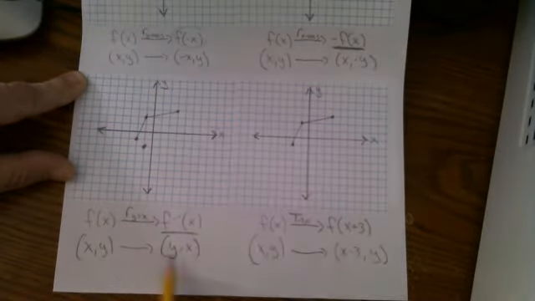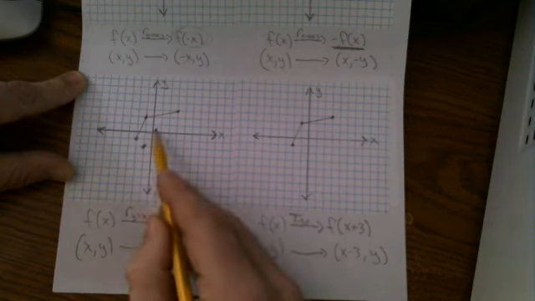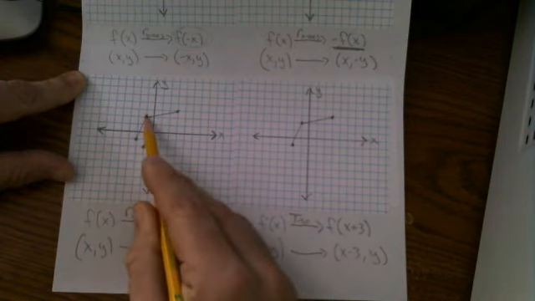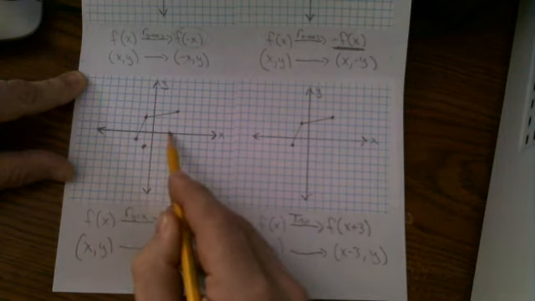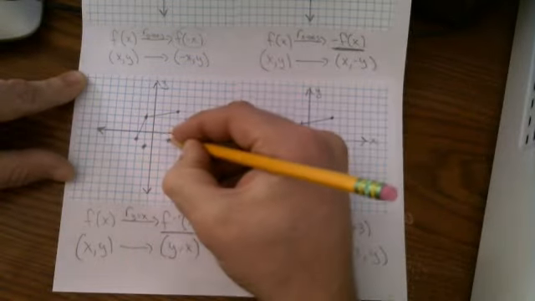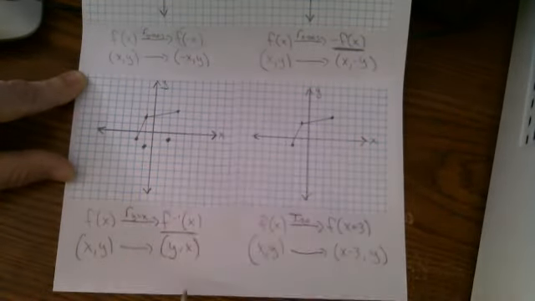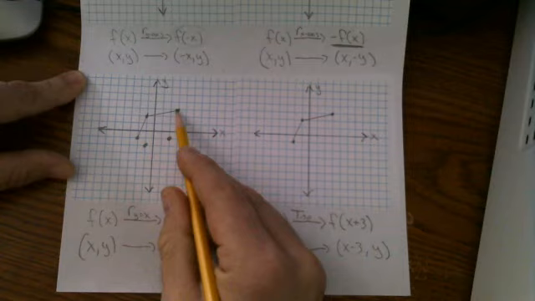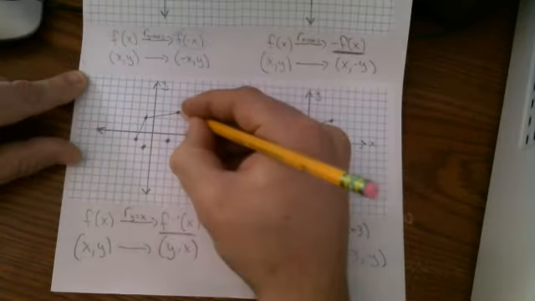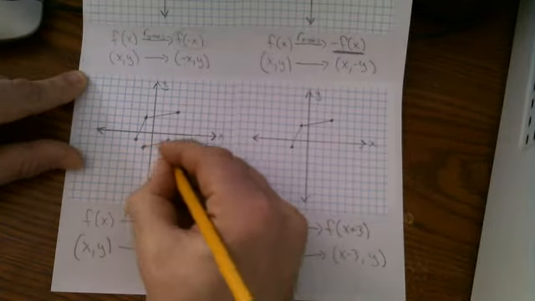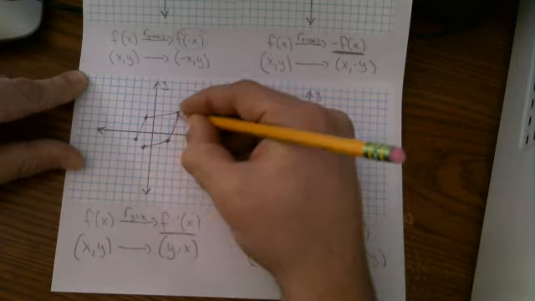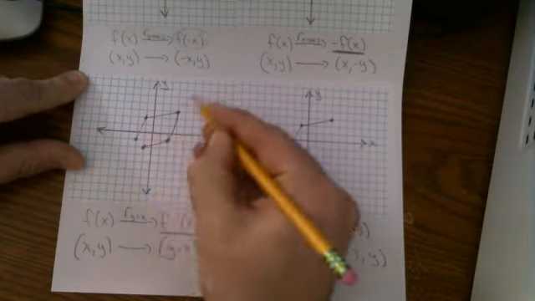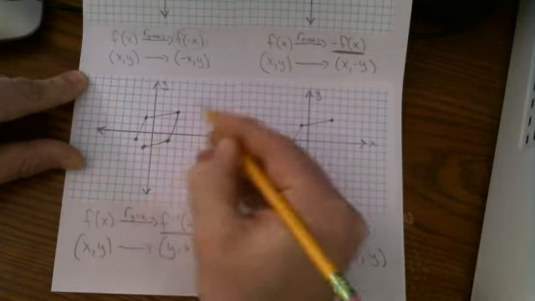Again, we're just switching the x and the y values. This is the ordered pair negative 1, 2, which means we'll have 2, negative 1. This is the ordered pair 3, 3, which means we'll have the ordered pair 3, 3. So here is our new function after a reflection over the line y equals x.